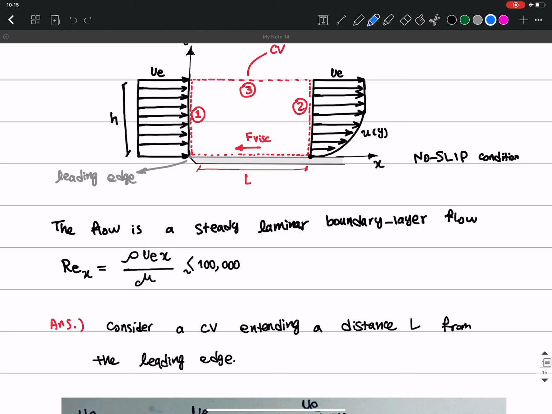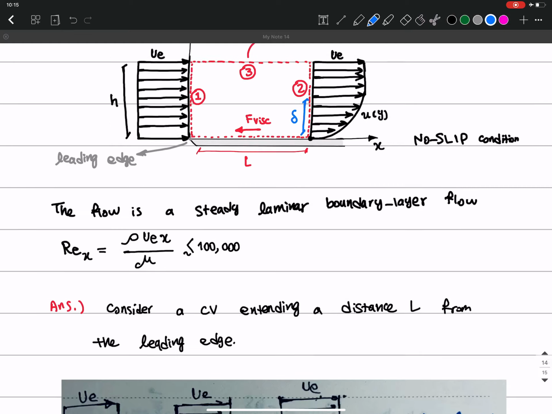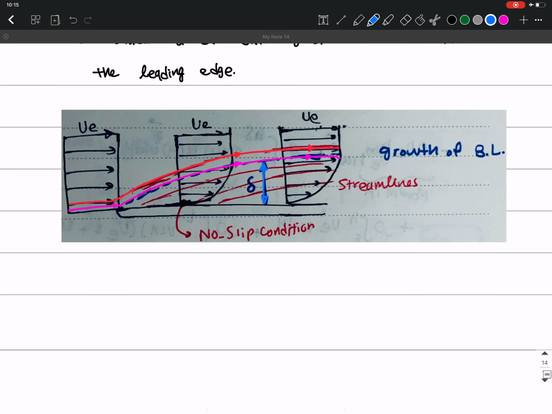Based on that, I'm going to define this part as delta, which is the boundary layer depth, where the velocity decreases to the zero no slip condition at the bottom.